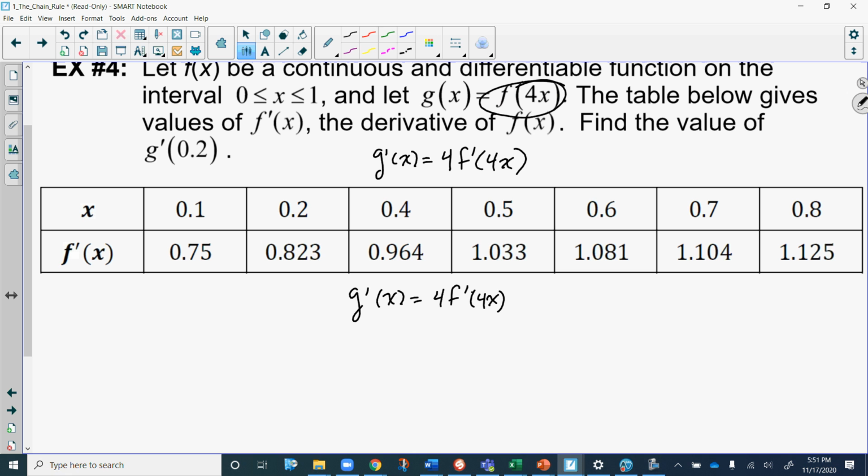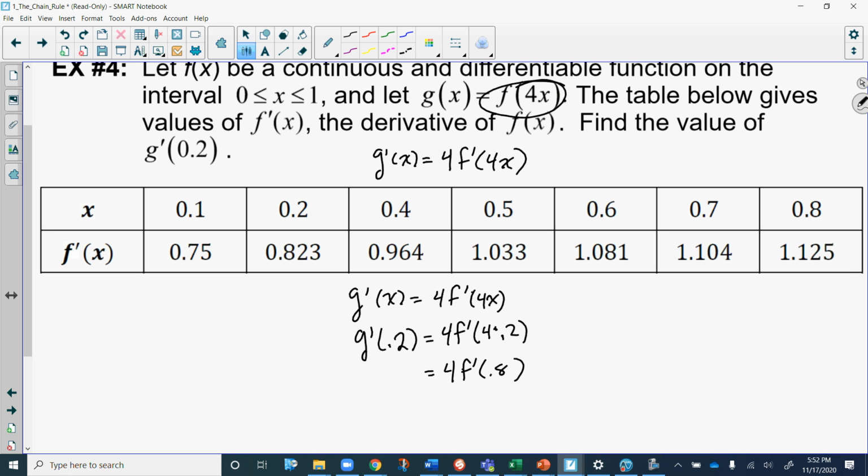So here we're going to say g prime of x is equal to, again, 4 times f prime of 4x. And in this case, we're looking at it in terms of 0.2. It says find g prime of 0.2. So I have 4 times f prime of 4 times 0.2. And that will give me 4 times f prime of 0.8.